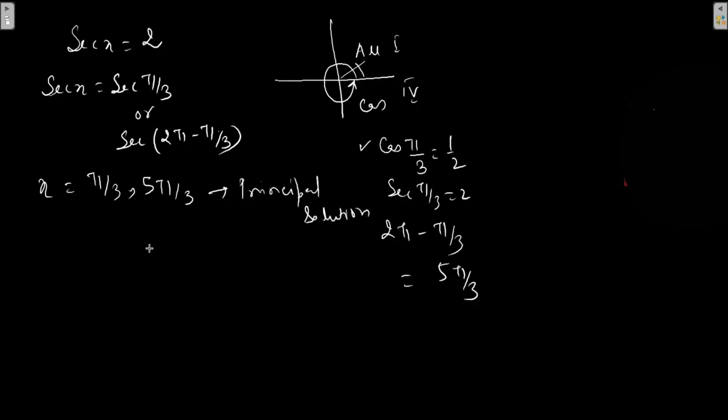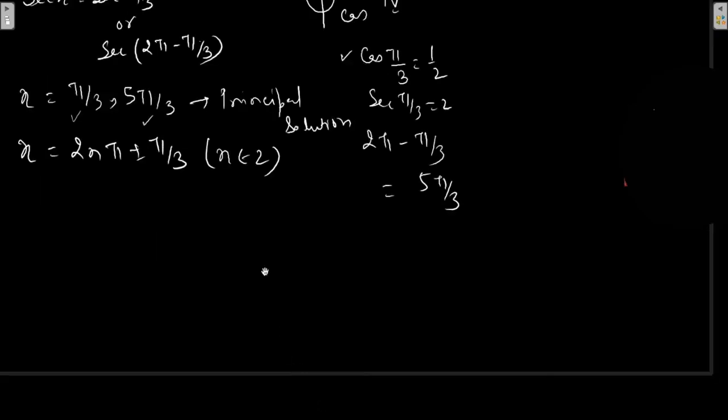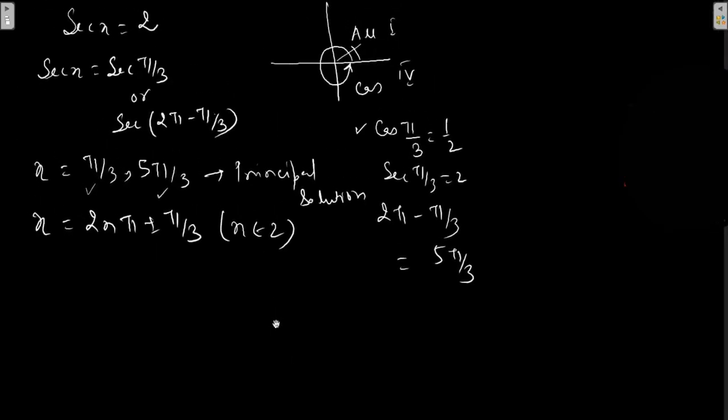Now in the previous slide which we showed, if you know the principal solution, you can just arrive at the general solution, which is nothing but 2n pi plus or minus pi by 3, where n is an element of z. Alright, and so this is your general solution.